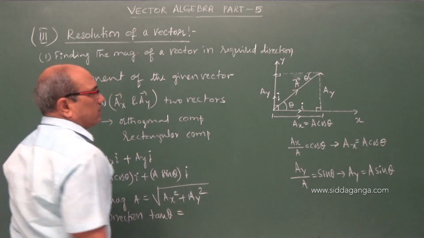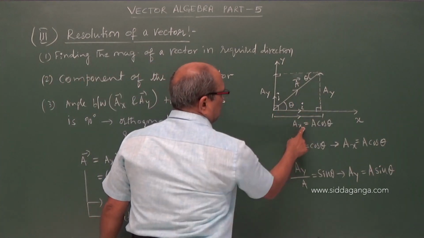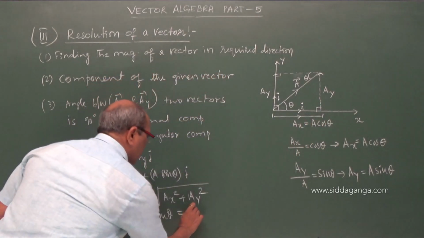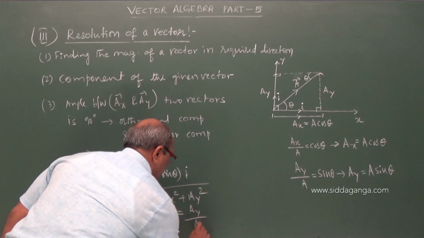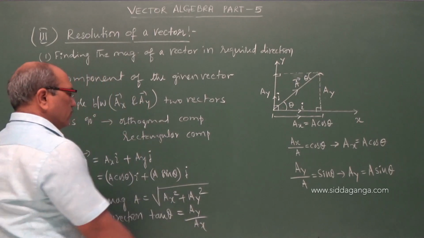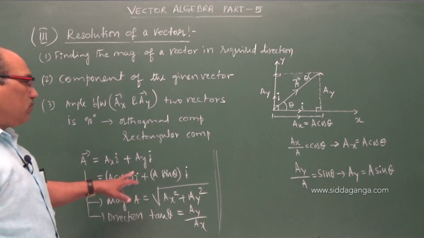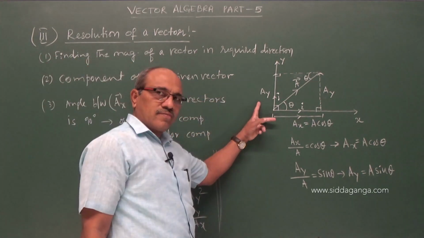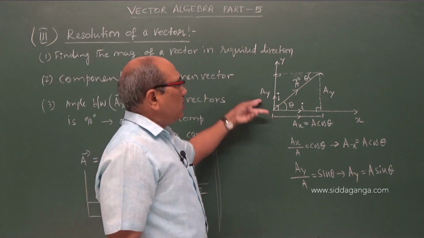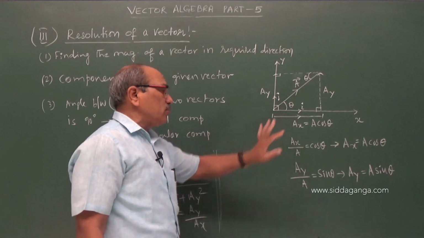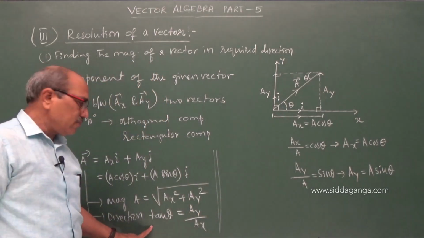How do you get tan theta? It is opposite side by adjacent side, AY by AX. From the vector we can get the components, and when we add the components we will get the given vector.